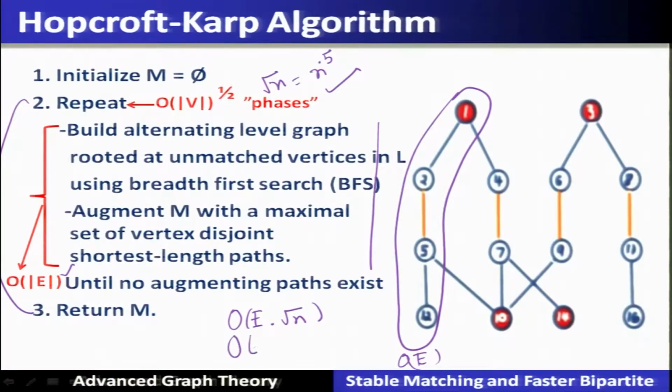So, E you know is n square in the worst case. So, n raised to the power 2 times n raised to the power 0.5 comes out to be n raised to the power 2.5, which is basically the time complexity analysis of this particular algorithm.